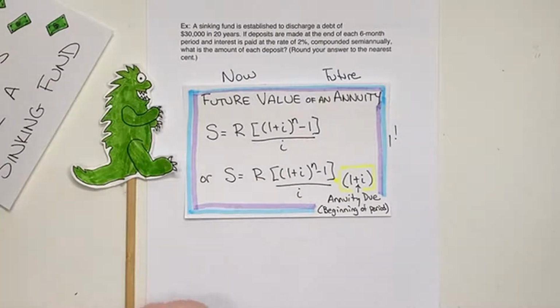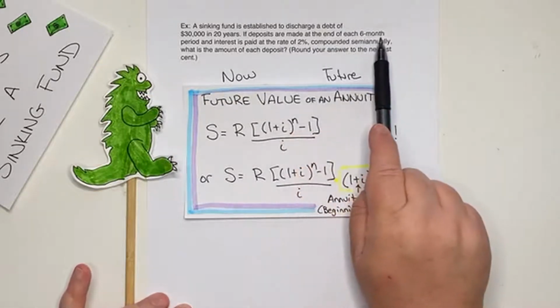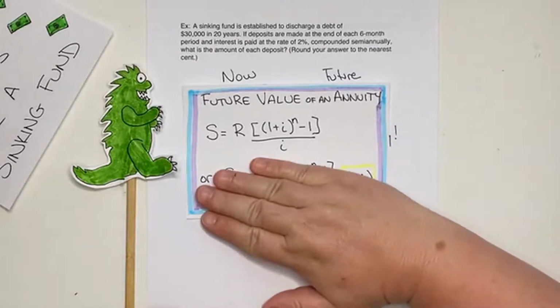Well, let me remind you that when we're talking about an annuity, either an annuity that you're paying into or an annuity that you're withdrawing, regardless of which way the money's going, it matters whether you do it at the beginning of a period or at the end. In this case, if we're making deposits at the end of the 6 months, we've got a regular, ordinary annuity.